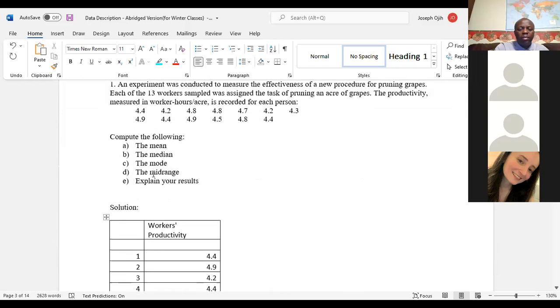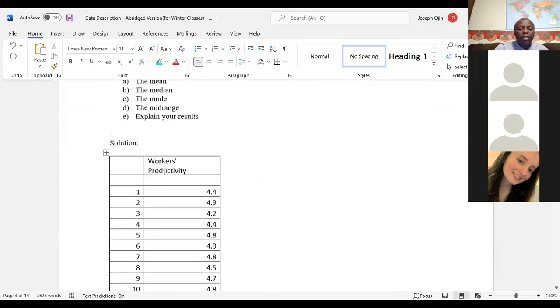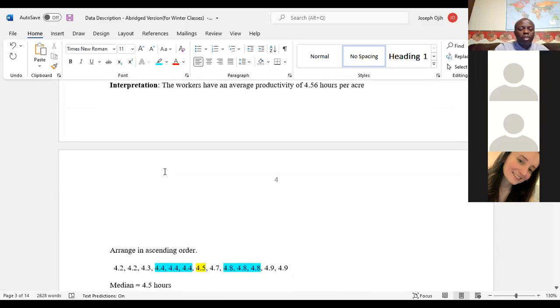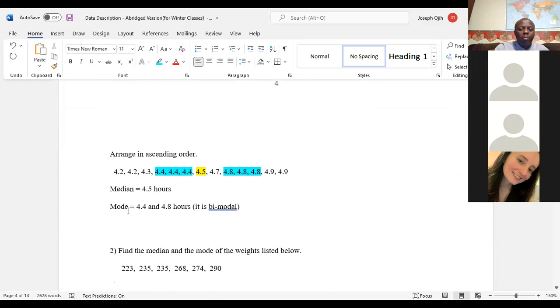We didn't do the mid-range here. Mid-range is the lowest number. Forgive me for that. I just did median and mode. I forgot the mid-range. Mid-range is the minimum value plus maximum value divided by 2.